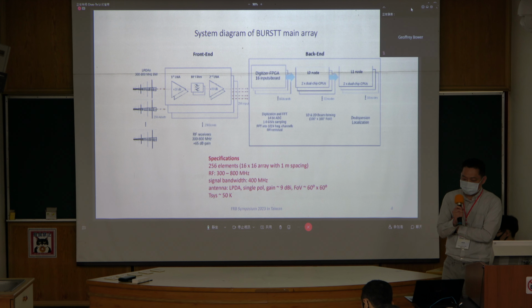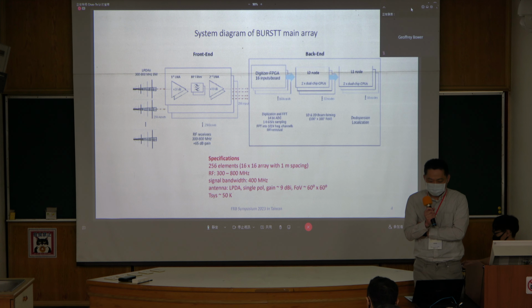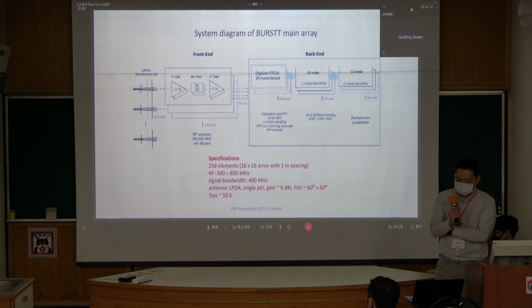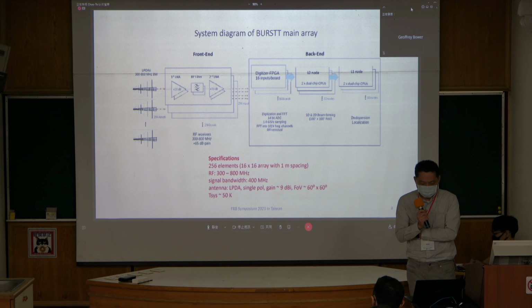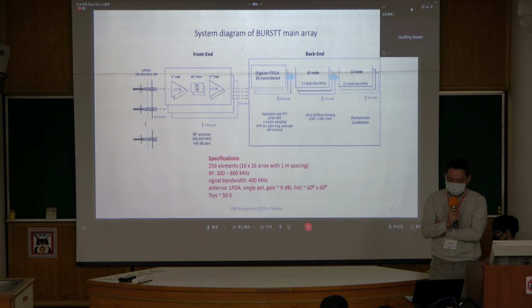Here I show you a system diagram of the BURSTT main array. We'll set up a 16 by 16 array with 1 meter spacing, corresponding to one wavelength at 300 megahertz. The RF coverage is 300 to 800 megahertz, with a signal bandwidth of 400 megahertz.